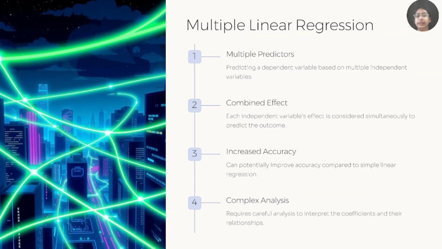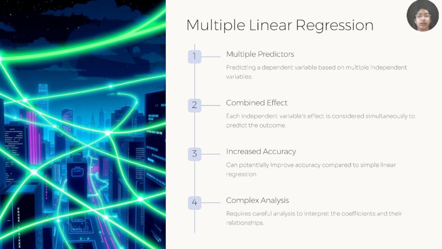Then we have multiple linear regression. In multiple linear regression, we have more than one numeric predictor, which is p greater than 1, and just one continuous target. We establish the relationship between these predictors and the continuous target using a p-dimensional plane, or a hyperplane.